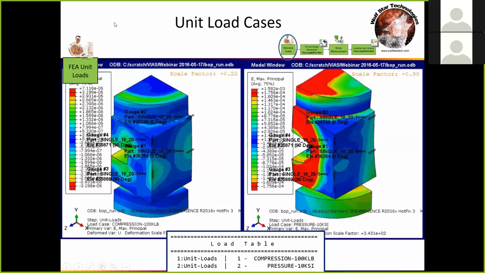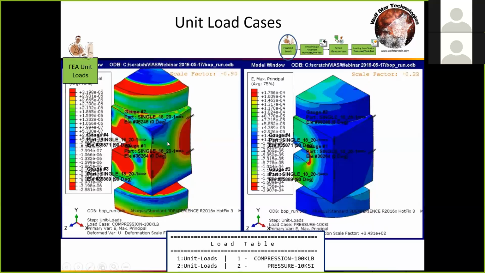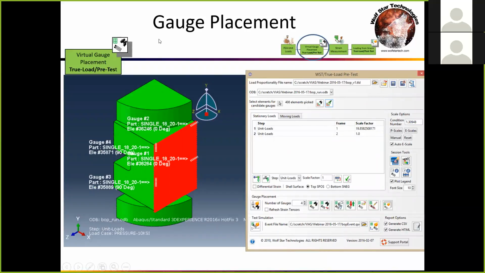And then we come into the True Load software, bring in those FEA model results. And the first thing we need to do is select our candidate elements for strain gauge placement. So I picked this face. And then we loaded in the unit loads from the FEA model. And then we just told True Load that we wanted 4 strain gauges and for it to plot them up and show us.